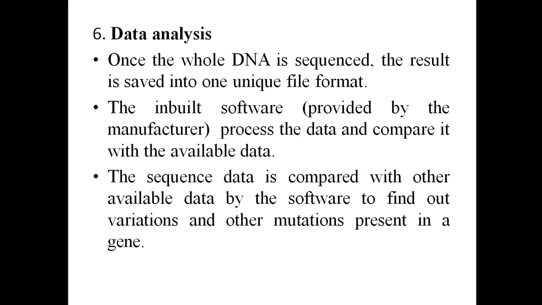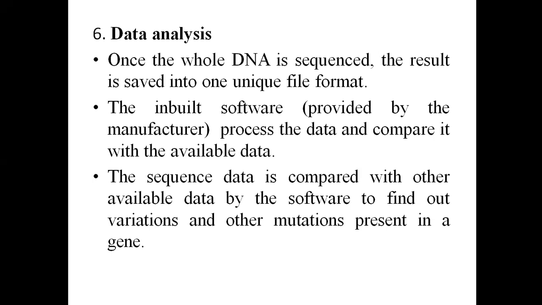The inbuilt software processes the data and compares it with the available data. The sequence data is compared with other available data by the software to find the variations and other mutations present in a gene.